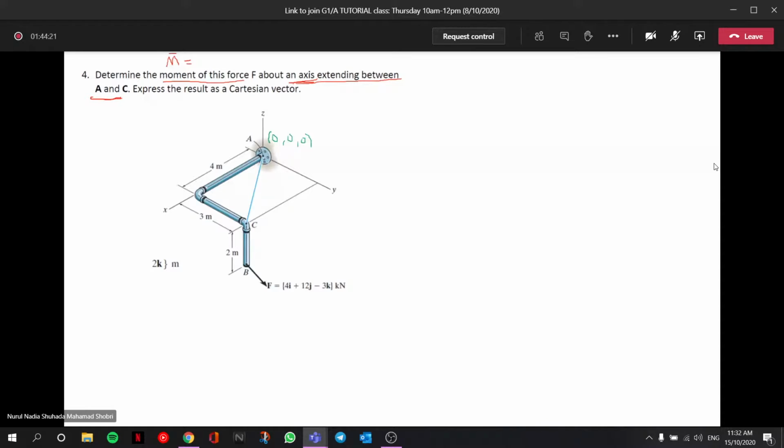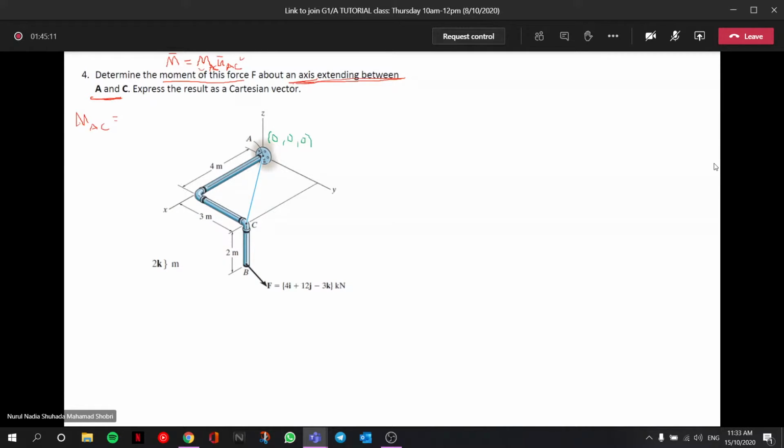So in this case, we are using M vector equal to M times U vector. And since it's about the axis extending between A and C, you have to find the value of the moment at AC and also the unit vector at AC. For these two, you have to find the value of MAC, because we don't know the two values here, MAC and also UAC.